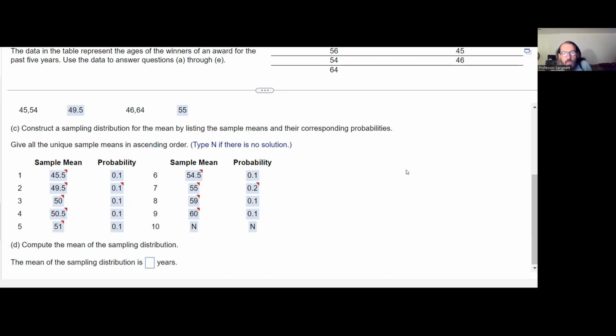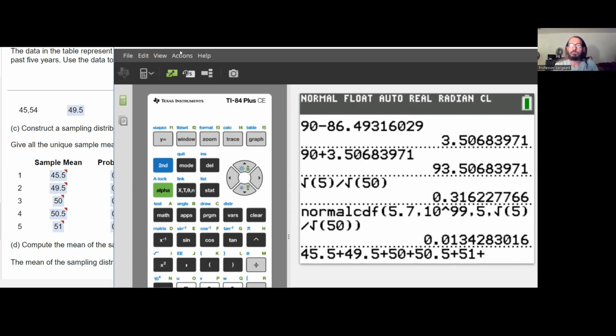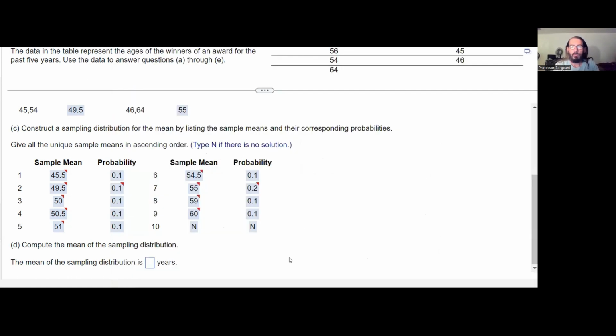That's definitely a problem. If I add up all 10 of these, then we've got 45.5 plus 49.5 plus 50 plus 50.5 plus 51, oh, 50.5 plus 51 plus 54.5.